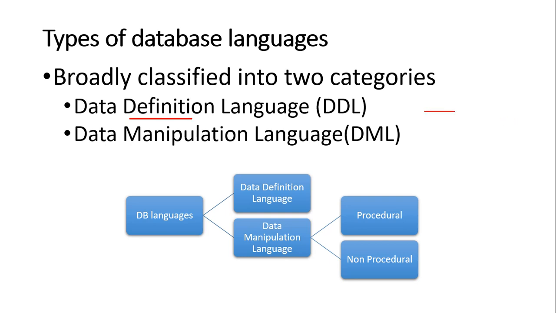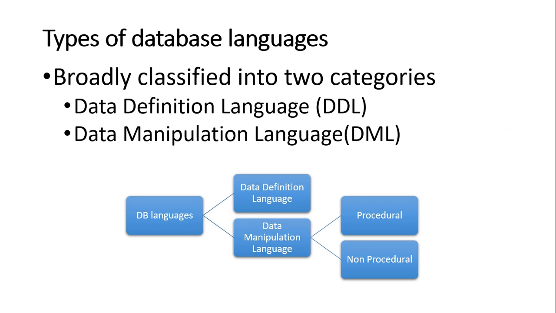You first connect the circuits. Okay, and after that you start varying the voltages. That is manipulation. Creating the circuit is nothing but defining how the things will look like. Okay, and changing the voltages, changing the current, changing the temperature, all are manipulation. Hope you get the idea between data definition and manipulation.